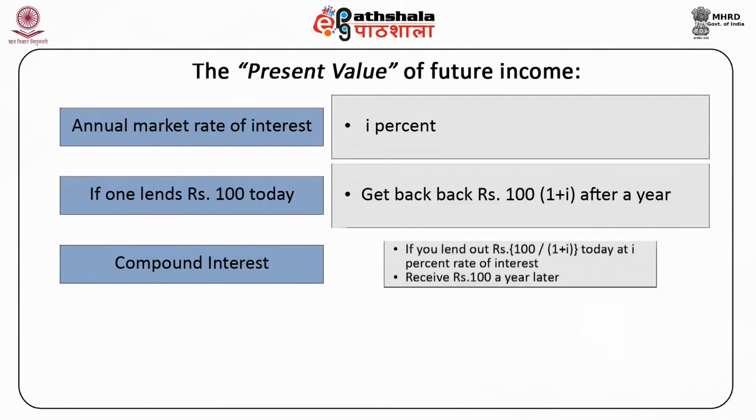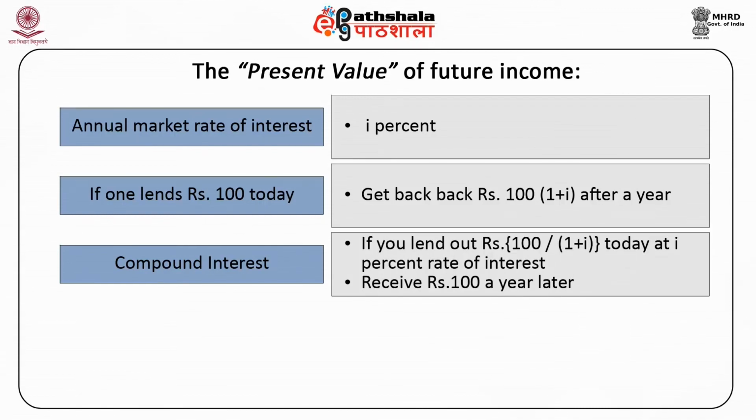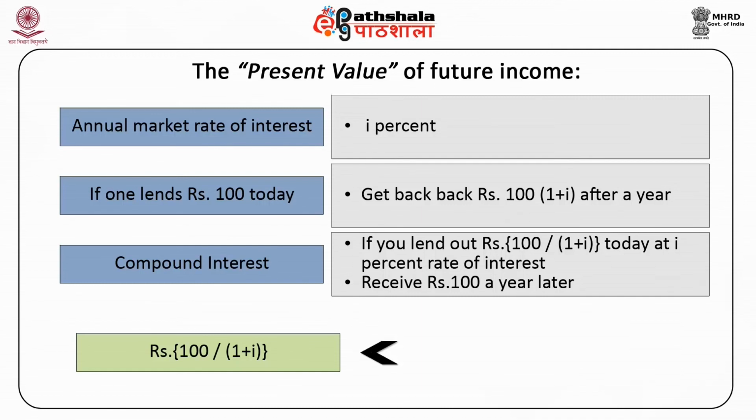This means if you lend out rupees 100 divided by 1 plus I today at I% rate of interest, you will receive rupees 100 a year later. Clearly, rupees 100 divided by 1 plus I is less than rupees 100, and it is the present value of rupees 100 one year later.